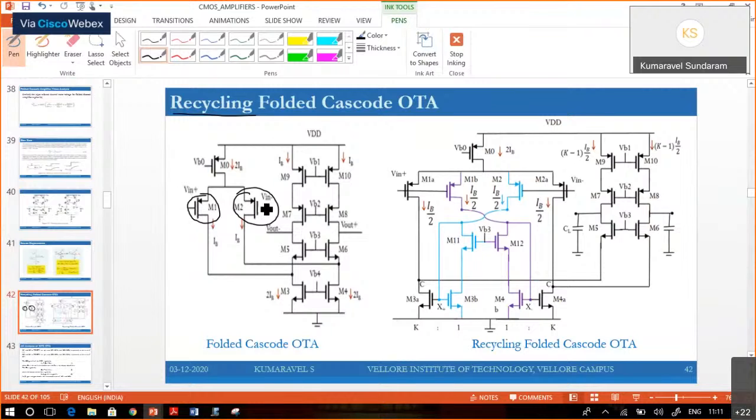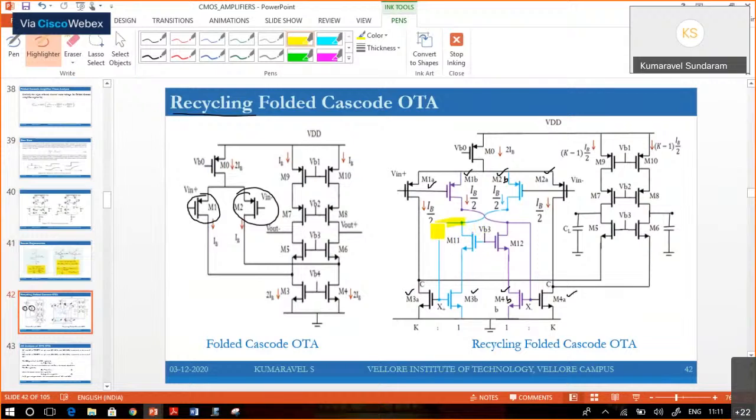To improve it, M1 is split as M1A and M1B, and M2 is split as M2A and M2B, splitting for the same current. Similarly, M3 is split as M3A and M3B, and M4 is split as M4A and M4B. This is a current mirror.